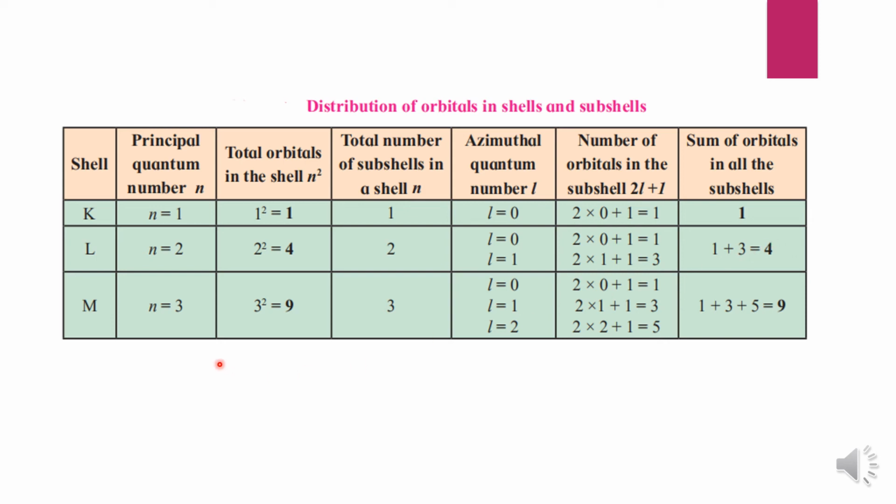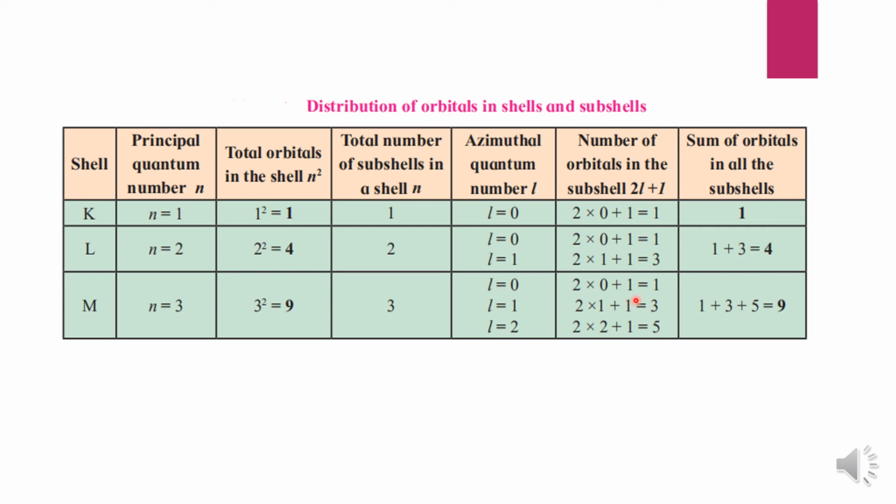Now, M shell, principal quantum number 3 because it is the third shell. Total number of orbitals will be 9. Total number of subshells equals the principal quantum number, so it is also 3. The azimuthal quantum number would be 0, 1 and 2. Then for every L, we calculate the number of orbitals.